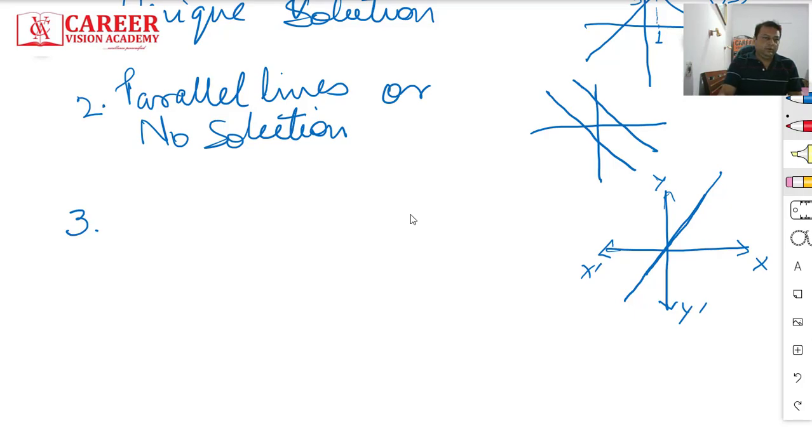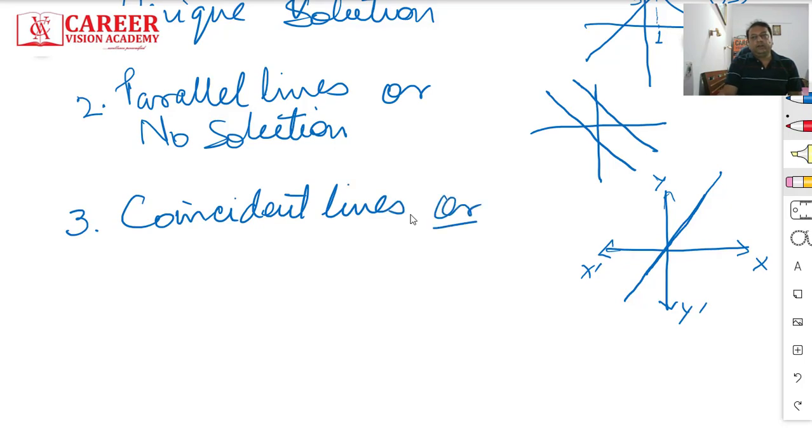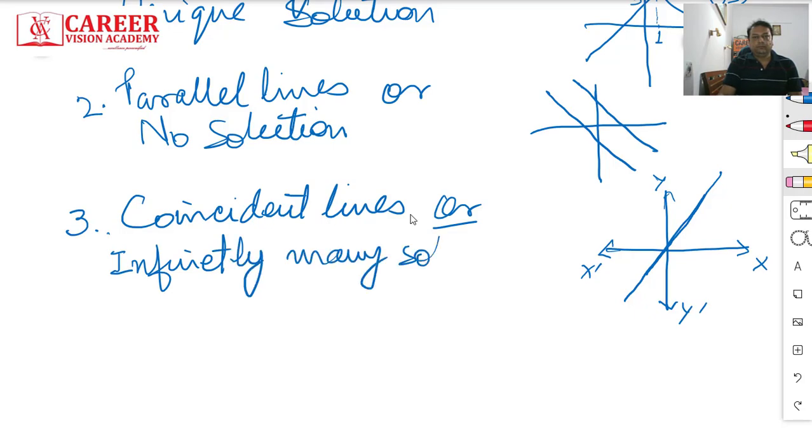These are called coincident lines. Since they are common at every point, they have infinitely many solutions.